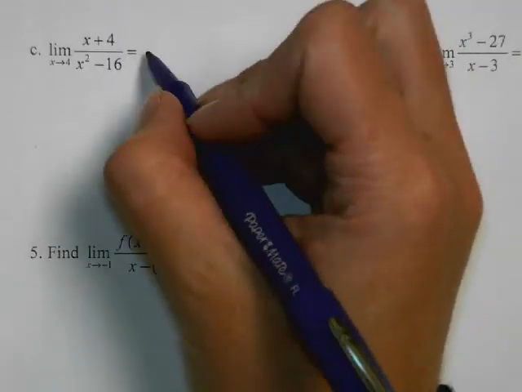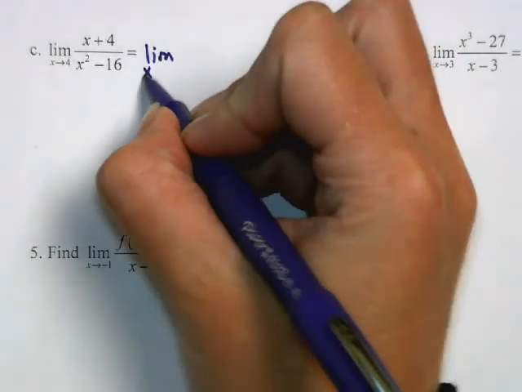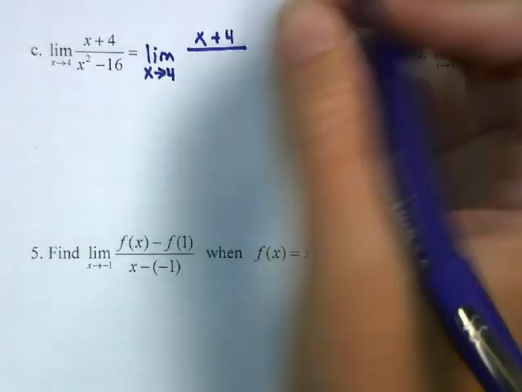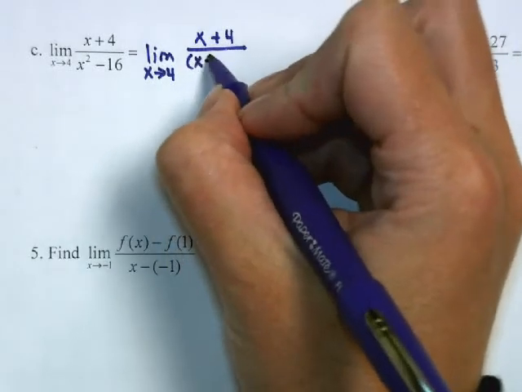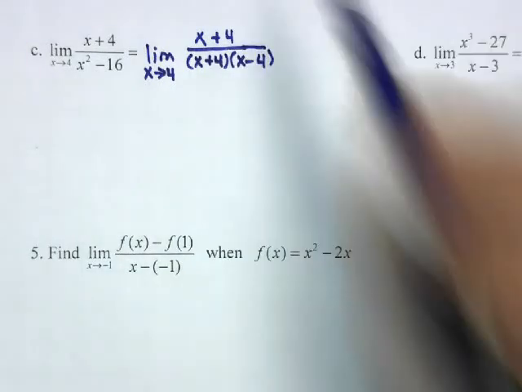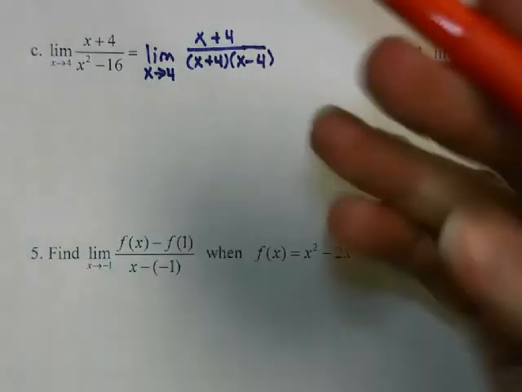Okay, we'll do another one here. The limit as x goes to 4 of x plus 4 over x plus 4 times x minus 4. The x plus 4's cancel.